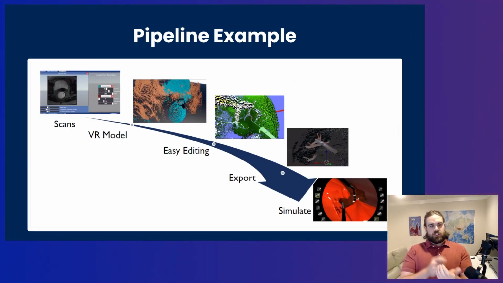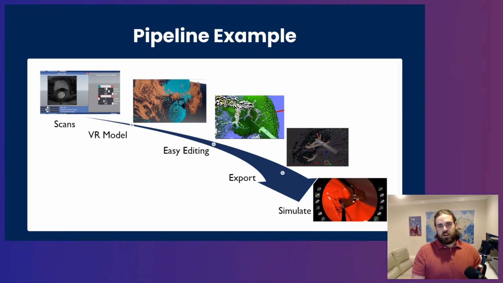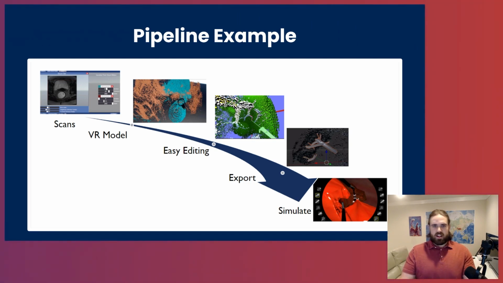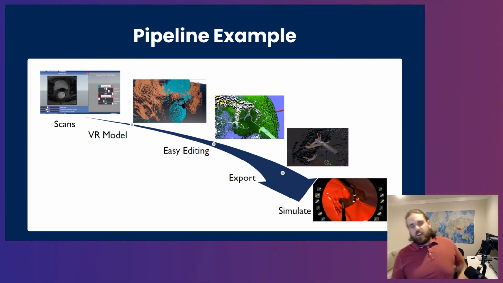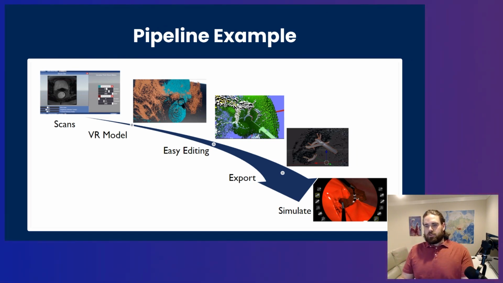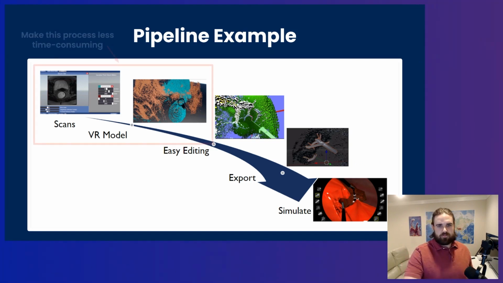You first have the scan, then you have the actual VR model, and then from there, in VR, it's a lot easier to draw out and have a 3D brush that you can use to label the voxels. Then finally you can export it, and eventually you'll be able to simulate the patient itself from the scan.